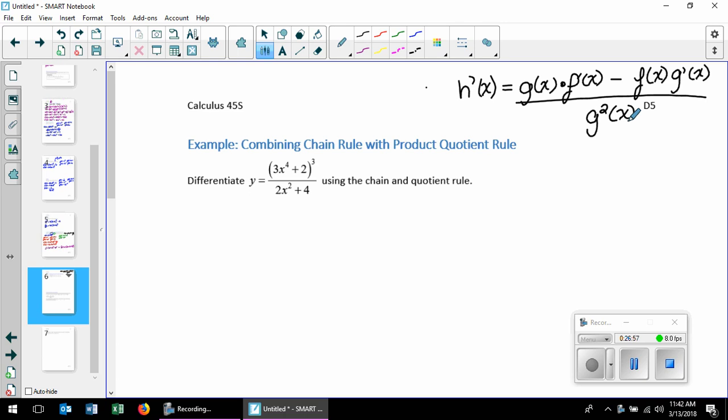So your composite function is your numerator. So we have to apply the chain rule to it. So go forth, children, and apply the chain rule to the numerator.